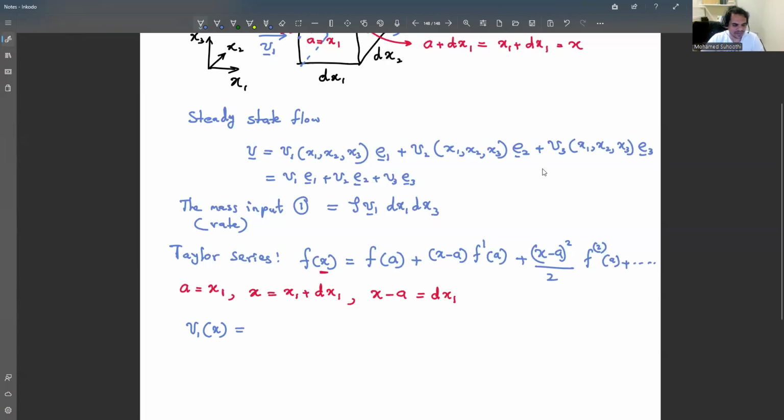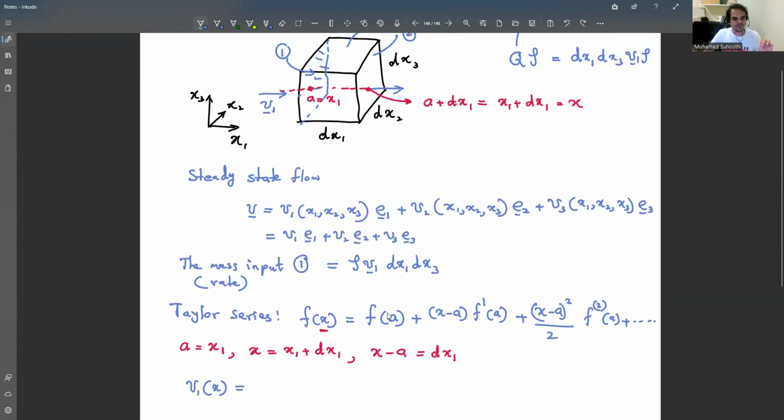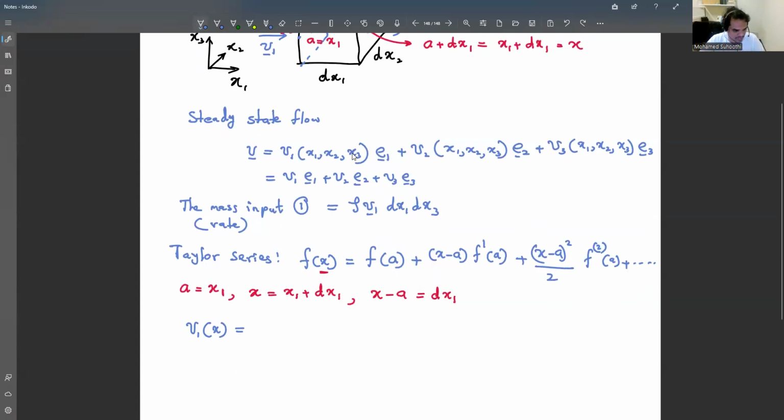Because v1 is a vector, here I am finding the component value, this value, right? So for v1, now I'm going to use the finite Taylor series. First, the value at our approximate point: at that point, we know the value is v1, right?